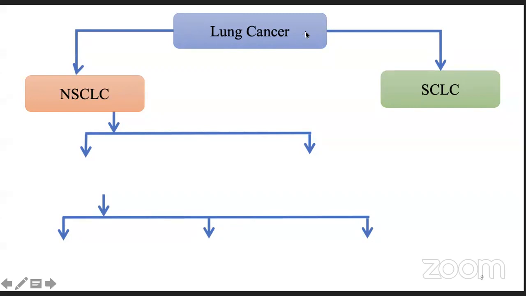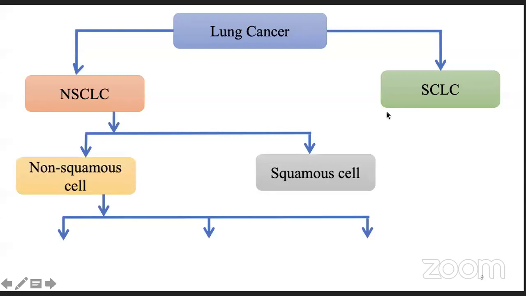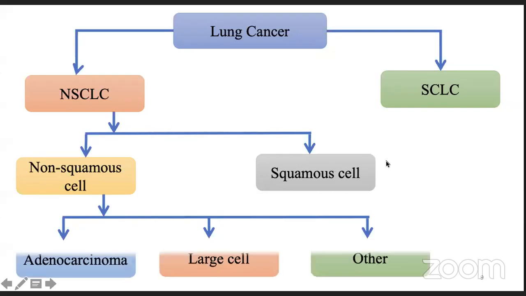If we look at lung cancer, we can divide it into two types: non-small cell lung cancer and small cell lung cancer. Further, non-small cell lung cancer can be divided into two subtypes, non-squamous and squamous cell, because this will be important when we are discussing the treatment options.